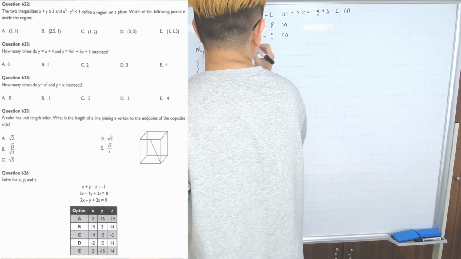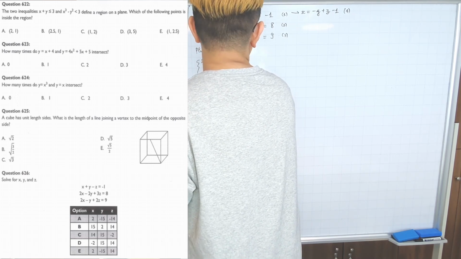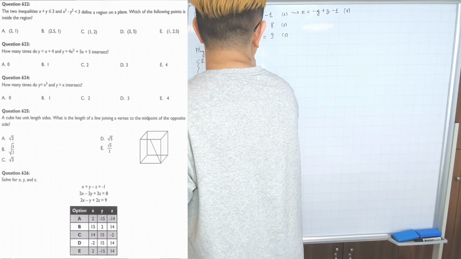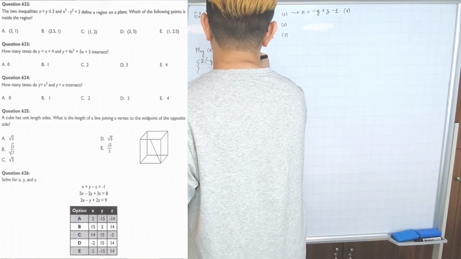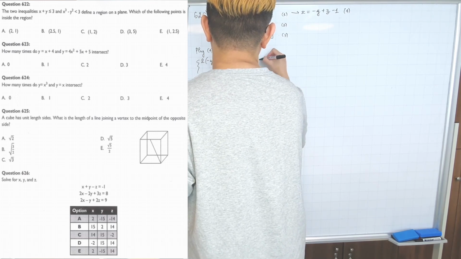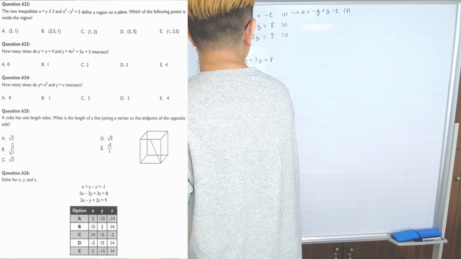So you're gonna have 2 times (minus y plus z minus 1) minus 2y plus 3z equal to 8. And then same thing.